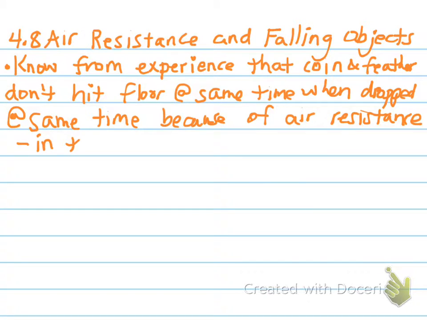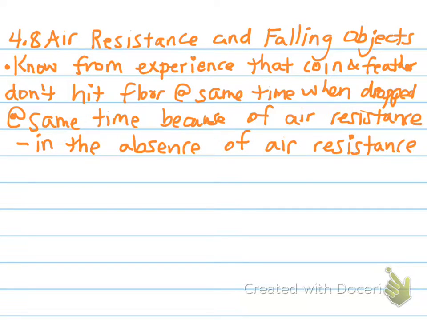However, in the absence of air resistance, so if there wasn't any air resistance, which you can get if you use a vacuum, and not like your vacuum cleaner, but like you have a tube and you pull all of the air out of it.